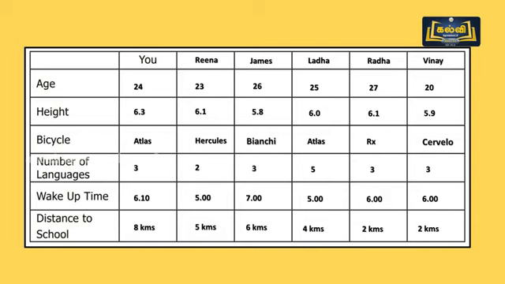See children, you would have filled in the details of your friends. Let me give you some names, for instance, Reena, Jane, Lata, Raghav and Vinay. For these persons, you will fill in the height, weight, age, the brand of their cycle, number of languages they know, waking up time, distance to school.